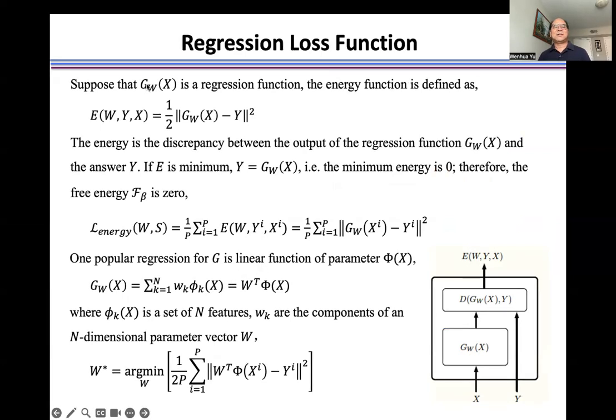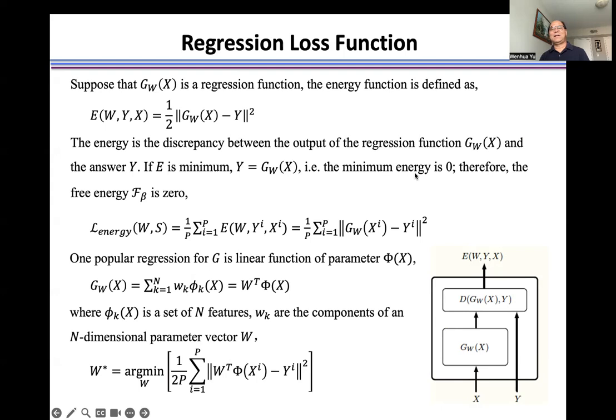Next, let's see what about the regression loss function. Suppose G(W, X) is a regression function, and the energy function is defined this way. It's the discrepancy between the output of the regression function and the answer Y. If the energy is minimal, this answer Y equals the regression output.